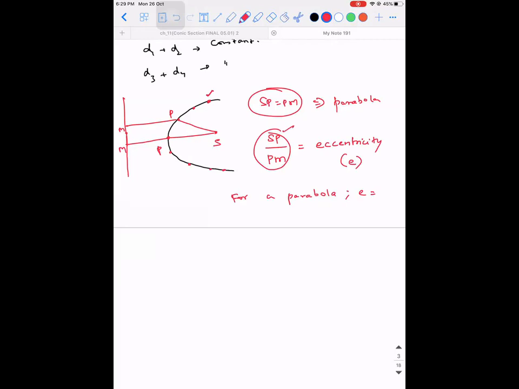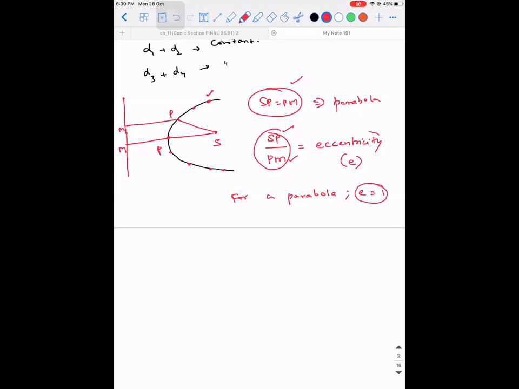When SP is equal to PM, what will SP by PM be equal to? 1. Yes, that's it. So for a parabola, the eccentricity is 1.